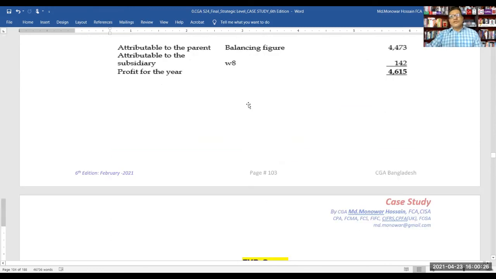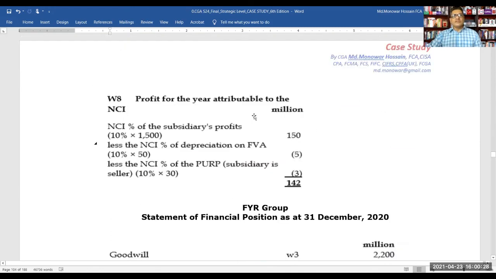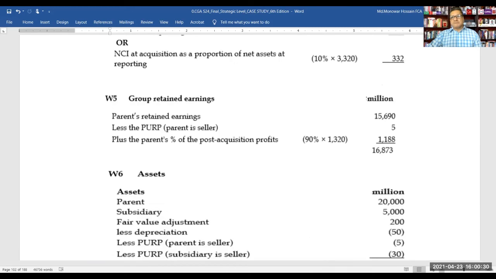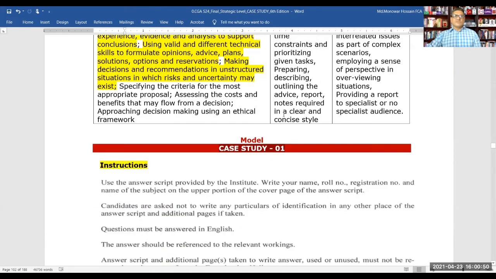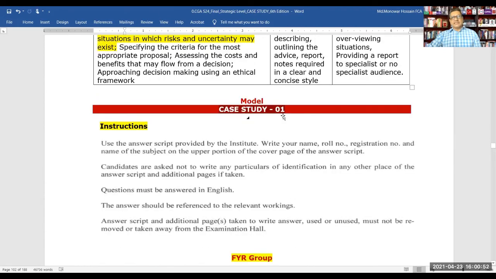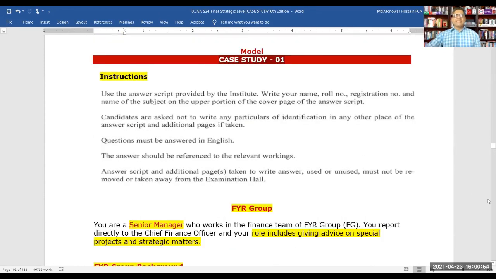So if we look at this model case study, what is the learning of this case study? Within this case study, first we have to study the instructions of the question, because we will get 4 hours, 1 hour for reading, thinking, and determining.